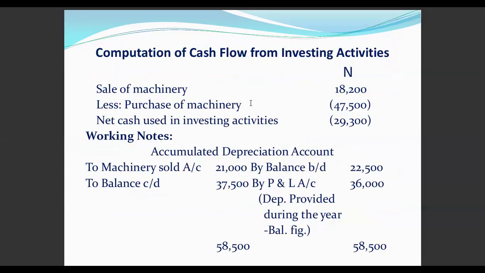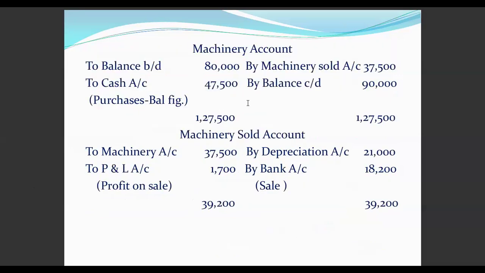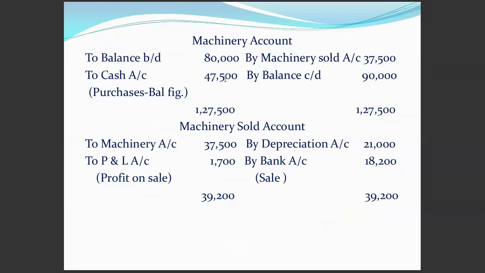So sale of machinery, we have got 18,200 less purchase of machinery. Now, how we calculate purchase? This is balancing figure. Now the question is, what about profit? Whether the profit is recorded? Yes, the profit is recorded, but it is adjusted in P&L.